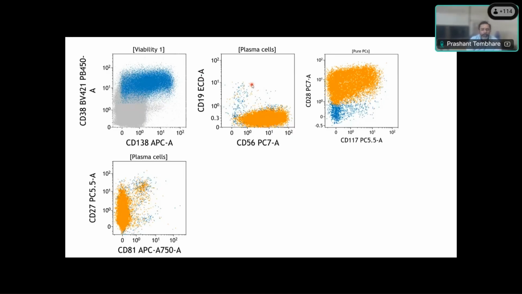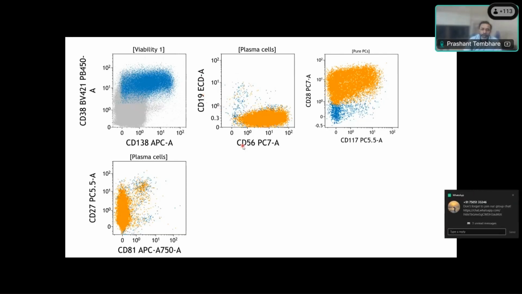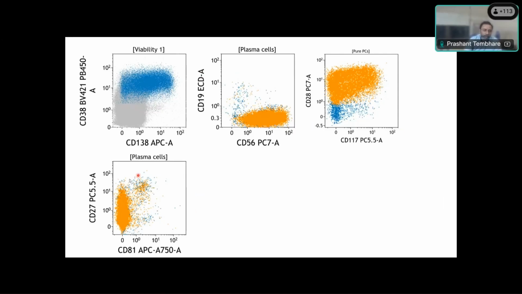Sometimes even normal plasma cells can express bright or dim CD56. So CD19 is positive in normal plasma cells, CD56 usually negative. In normal plasma cells, CD27 is strongly expressed and CD81 is also strongly expressed. You can see here.